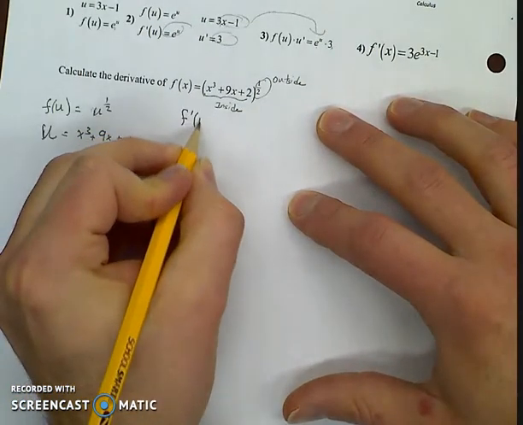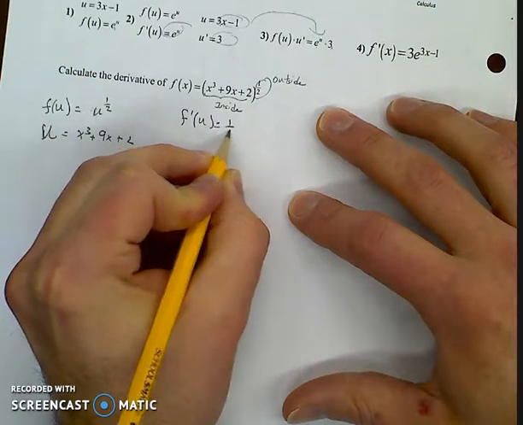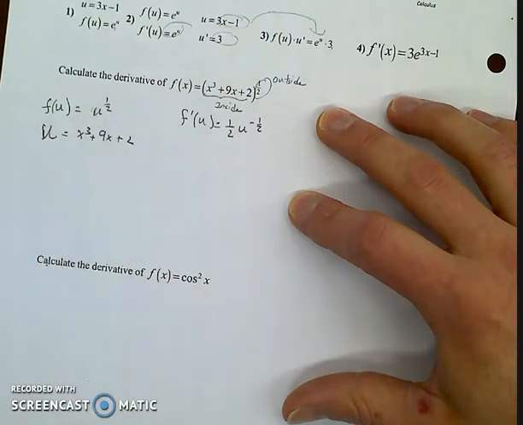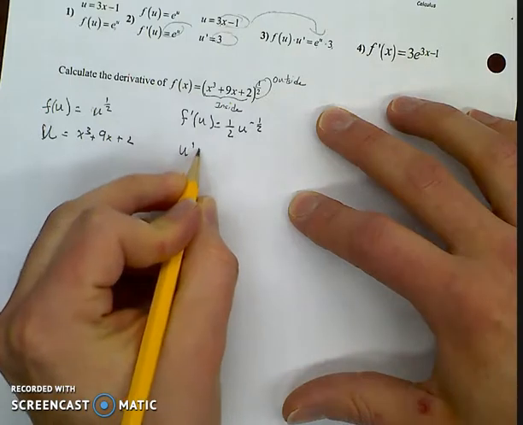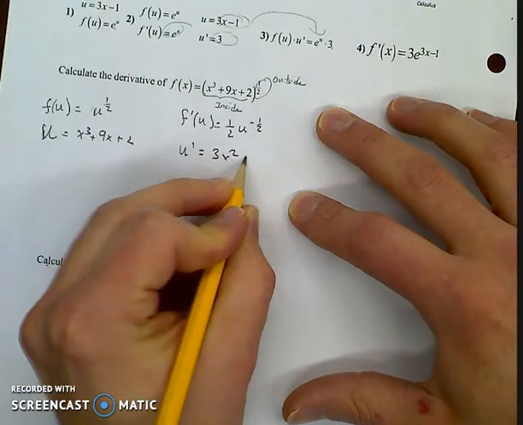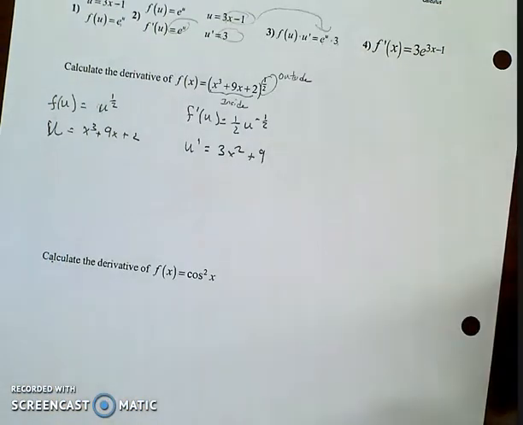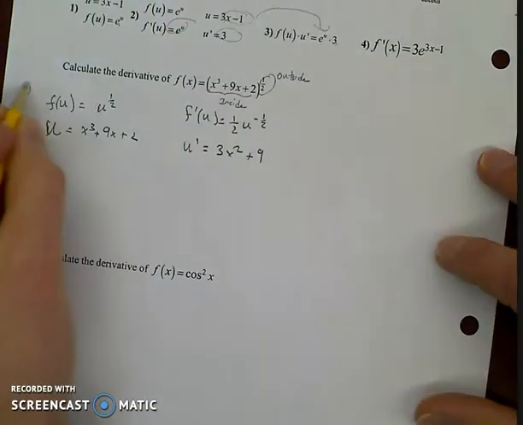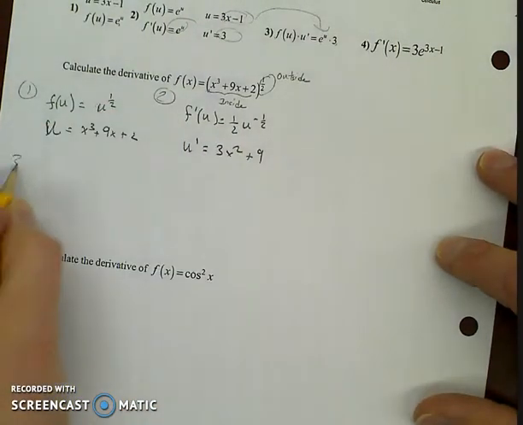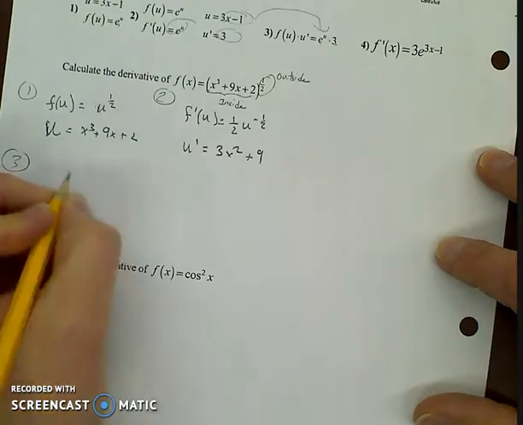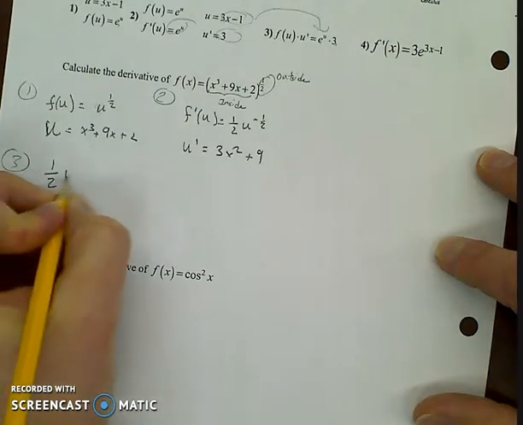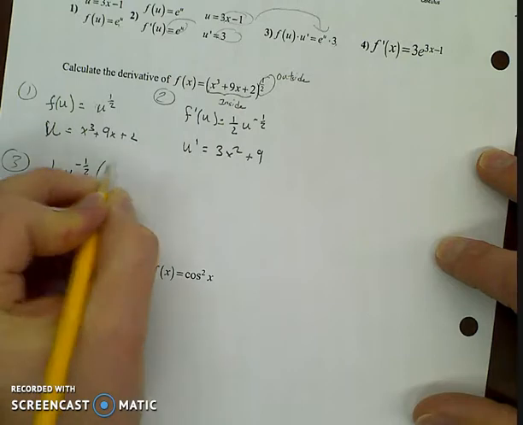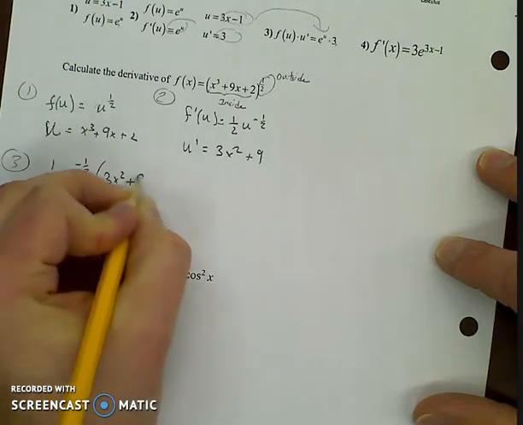F prime of u is 1/2 u to the negative 1/2, just the power rule. U prime, 3x squared plus 9. So this is step 1, step 2, step 3 to multiply those two together. So 1/2 u to the negative 1/2 multiplied by 3x squared plus 9.